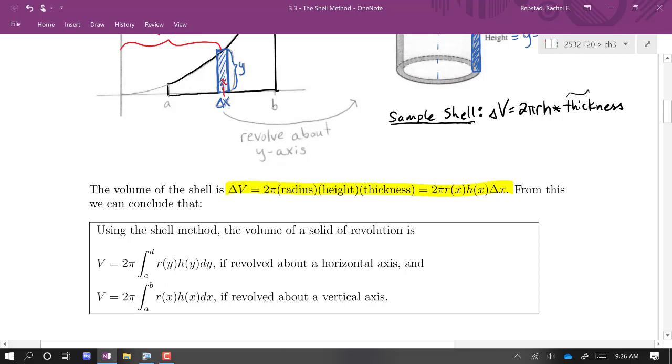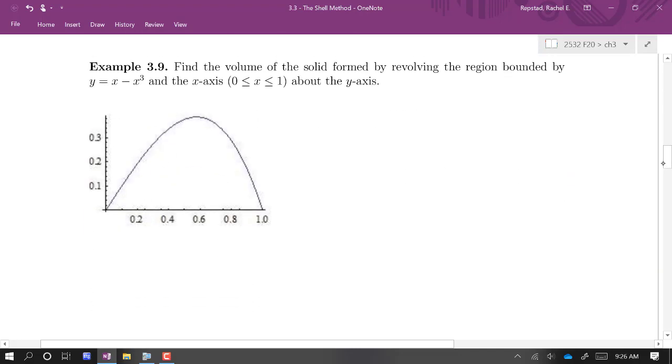And of course thickness is either delta x or delta y, depending on the type of rectangle that we have drawn. So let's jump in and do some examples.